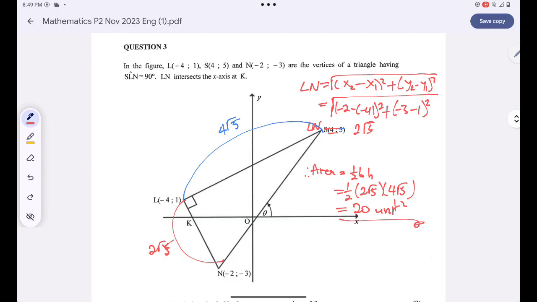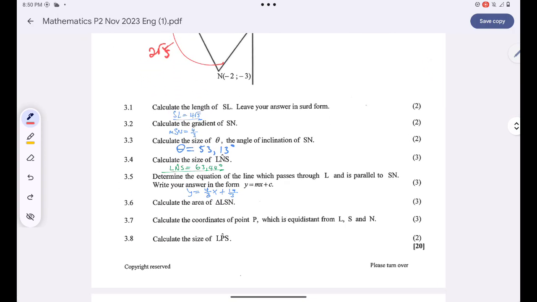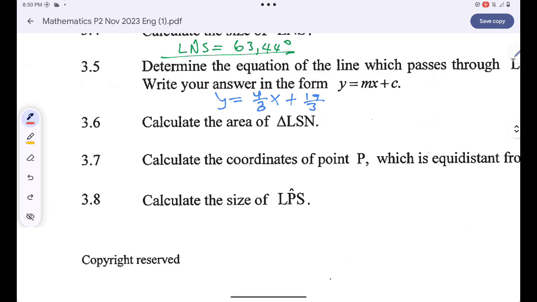Let me confirm. 1 over 2 times 2 root 5 multiplied by 4 root 5. Yeah, this is 20 units squared. The area of the triangle LSN is 20 units squared.